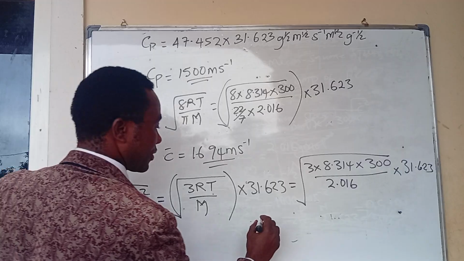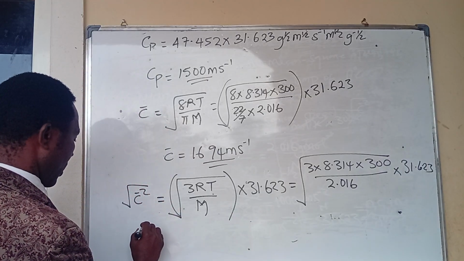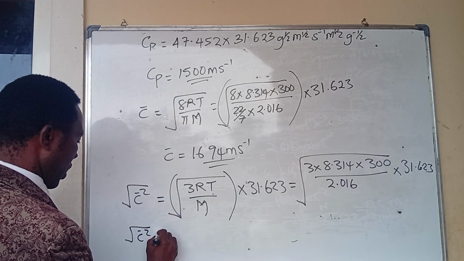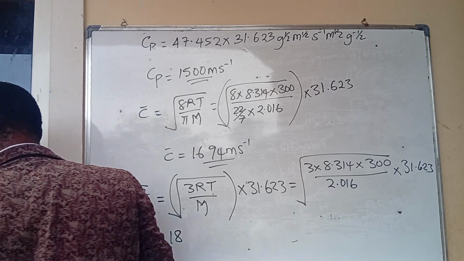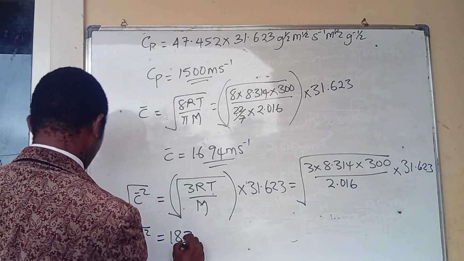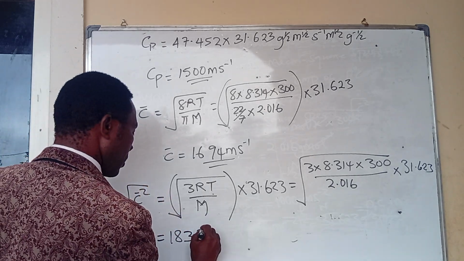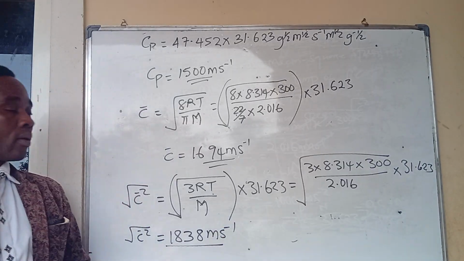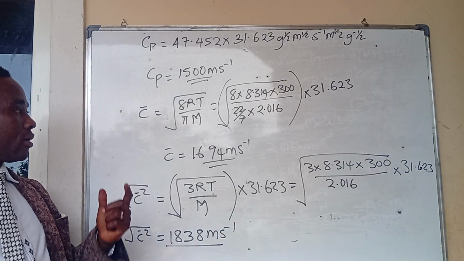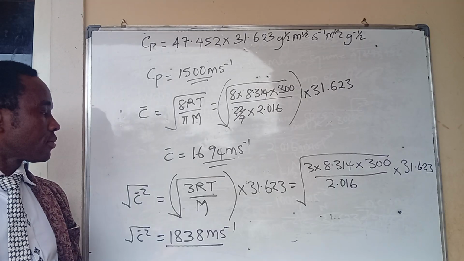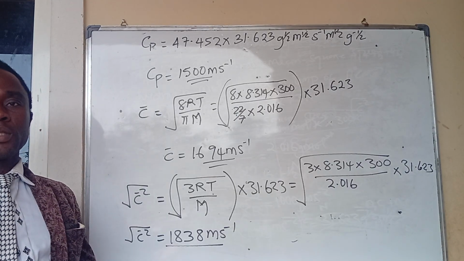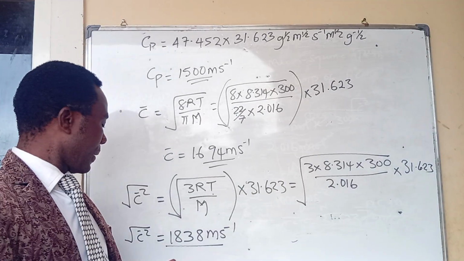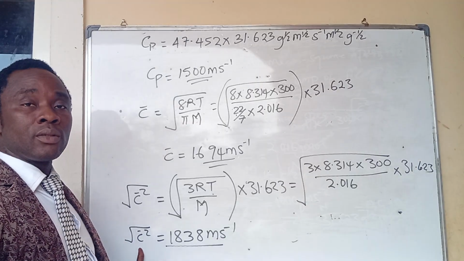So that answer, which is c bar square, will be 1838 meters per second. So that is the answer for the three speeds: most probable speed, arithmetic mean speed, and the root mean square speed.